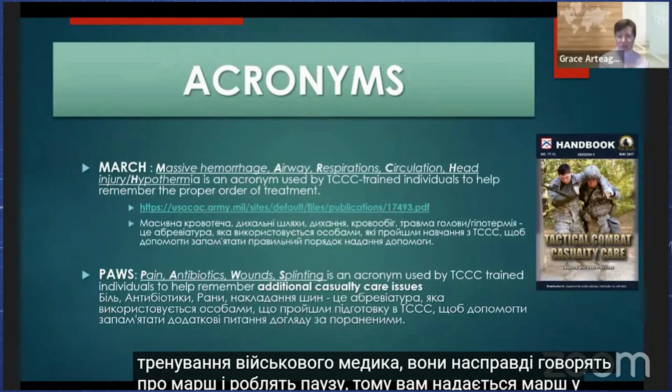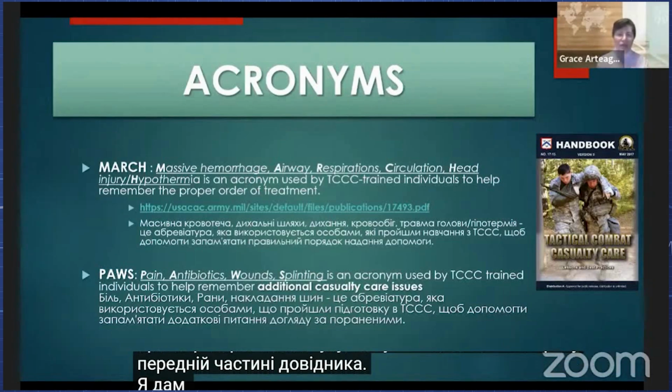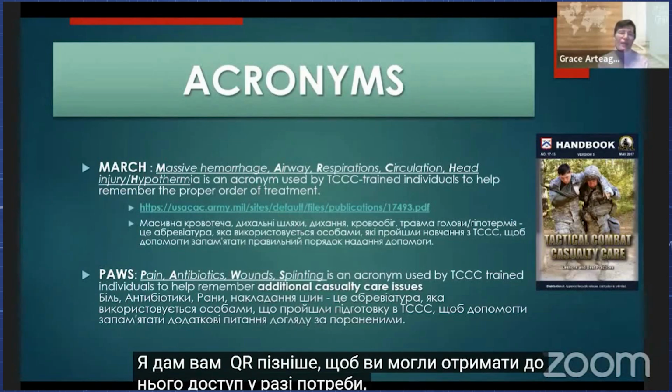The MARCH in the handbook is provided to you. I'll give you a QR code later so that you can access it if needed.